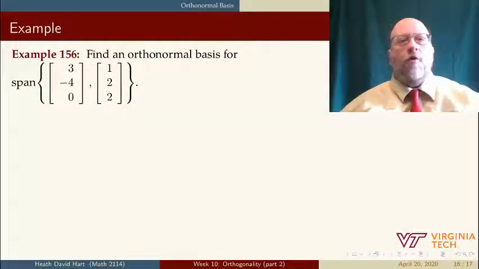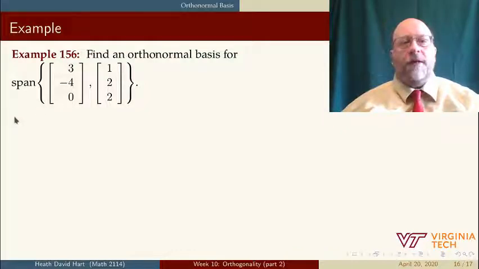Let's find an orthonormal basis for this span here. We're going to do this problem start to finish. It's just 2 vectors, so it won't take us too long. The first thing we're going to do is leave this vector alone. So v1 will stay at 3, negative 4, 0. But the second vector, we have to do 2 steps.